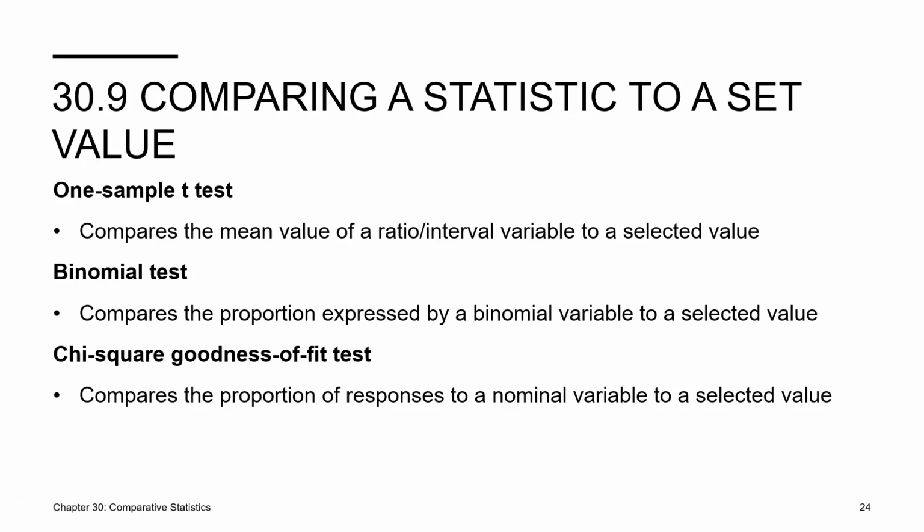You can take that one mean value and make the comparison to the state value. That's a one sample t-test. Or you could have a binomial test, which compares the proportion expressed by a binomial value to a selected value, or a chi-square goodness of fit test, which compares the proportion of responses to a nominal variable to a selected value.